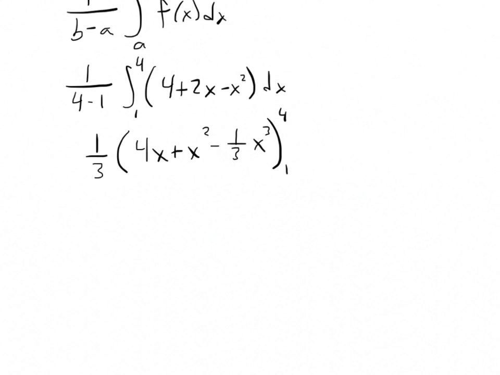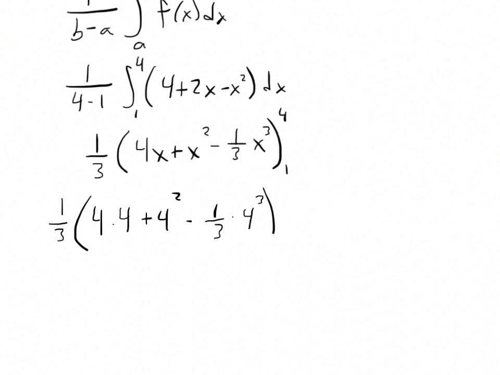So, as you recall from our previous lessons, we evaluate this by plugging in the 4 and plugging in the 1 and subtracting. So I will have 1/3 of 4 times 4 plus 4 squared minus 1/3 times 4 cubed minus 1/3, and this time I plug in 1.